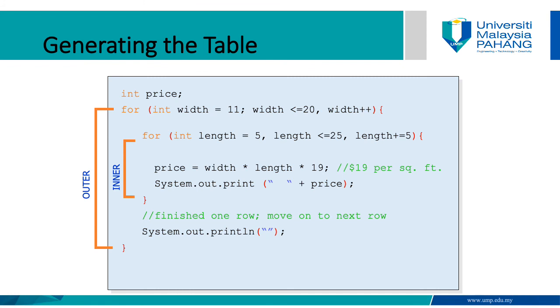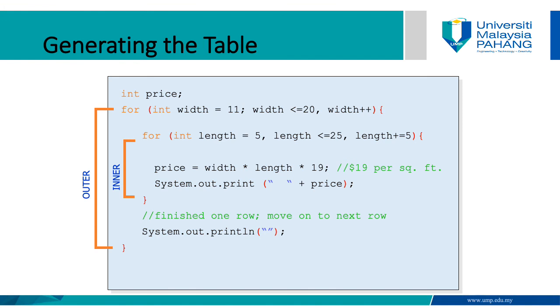This is how we can do it. First we define the integer price. And then we define the first for statement.